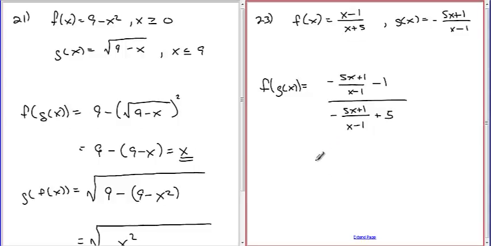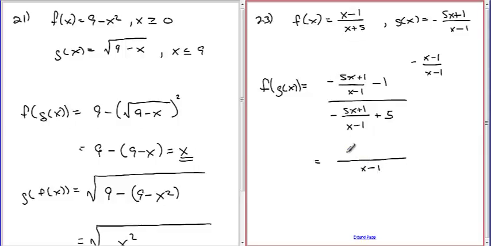Okay, so let's see what we're going to do here. If we get a common denominator here, this term, negative 1, would become negative x minus 1 over x minus 1. So when you add those two together, you're going to have a denominator of x minus 1.